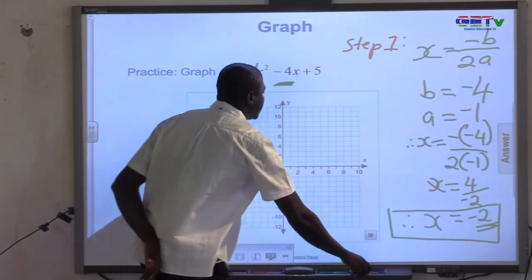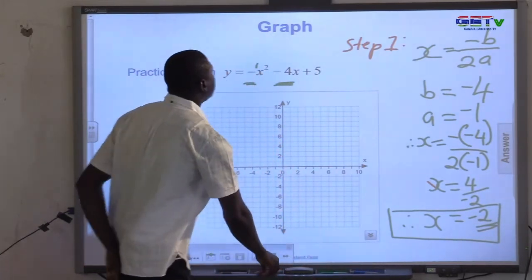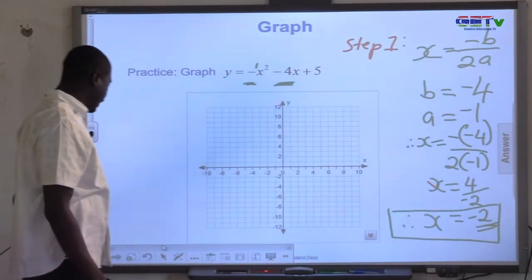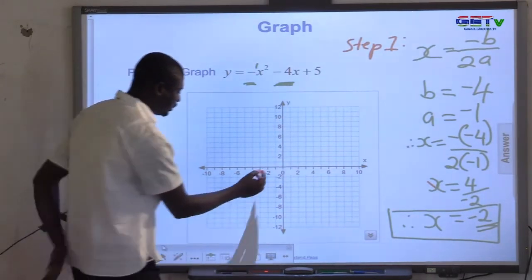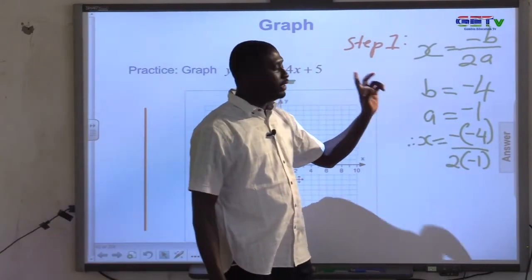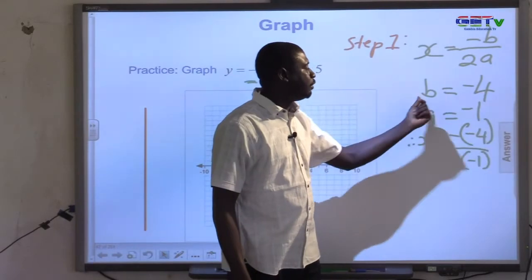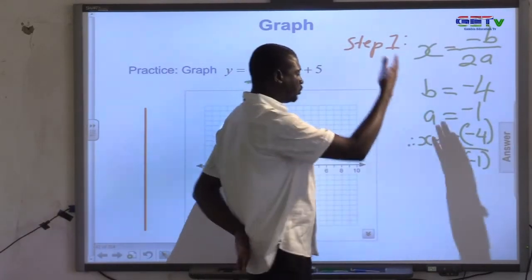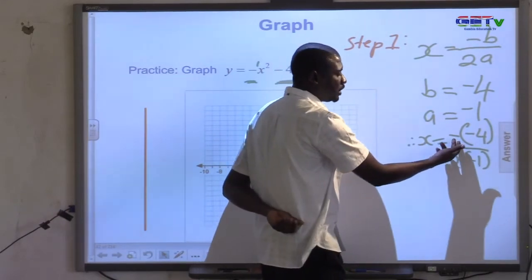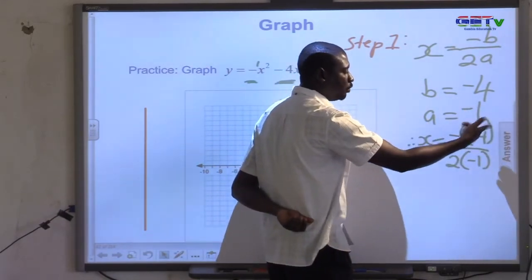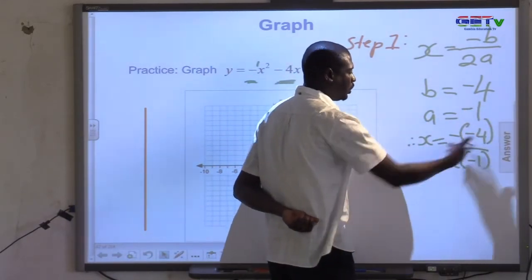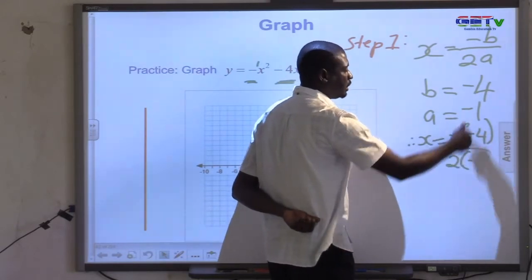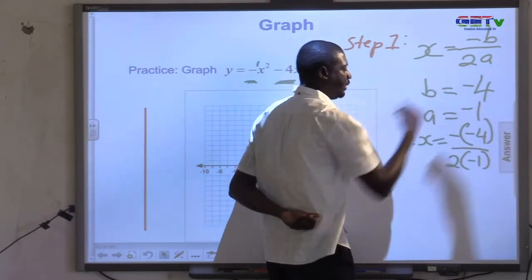Negative 2 on the x-axis, mark it together. When we substitute negative 4 for b and negative 1 for a, the equation that we get is x equals negative in bracket b, which is negative 4, so we substitute in bracket negative 4, all over 2 in bracket negative 1 in place of a.